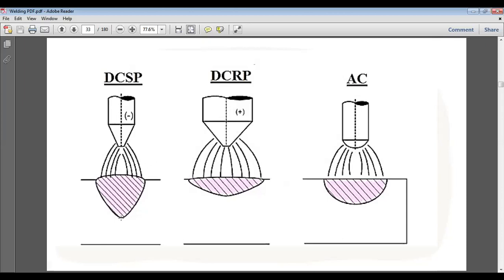In direct current, either we have very high penetration or low penetration, but in alternating currents we have medium penetration between these two, because the electrode is not fixed with a polarity, and every moment it is changing. First it was negative, then negative, positive, negative, positive. So it has medium penetration, and medium thickness metals can be welded by alternating currents.